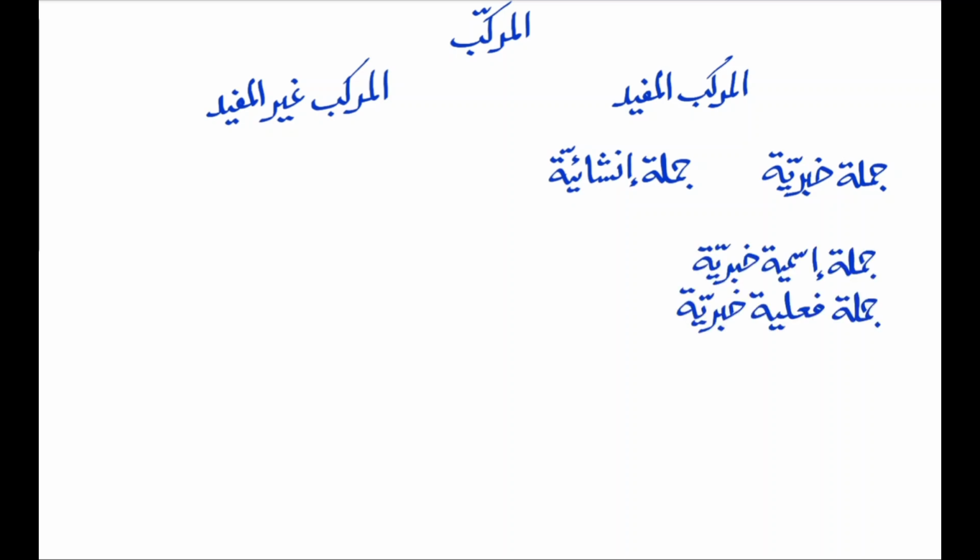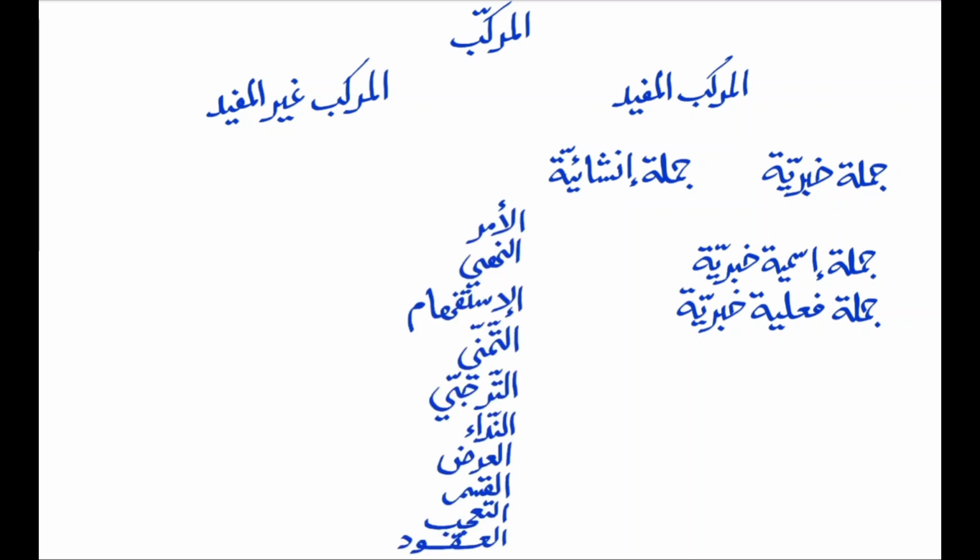When we looked at jumlah insha'iyah, we found out that it had 10 types. Al-amr, al-nahi, al-istifham, al-tamanni, al-taraji, al-nida, al-ard, al-qasam, al-ta'ajjub, al-uqud. And I'm sorry, it kind of got cramped up in there all the way at the bottom. And so those are the 10 types of jumla insha'iyah.